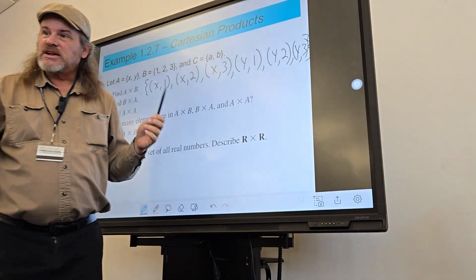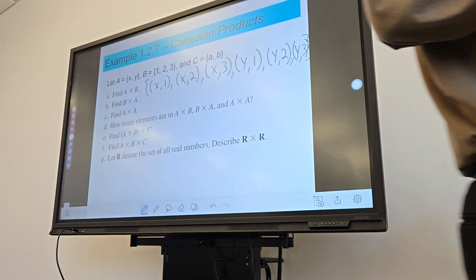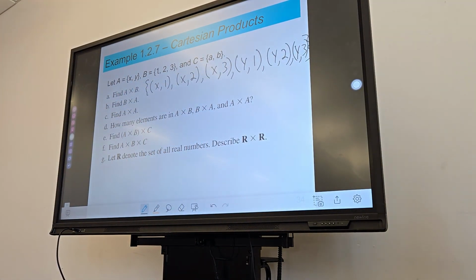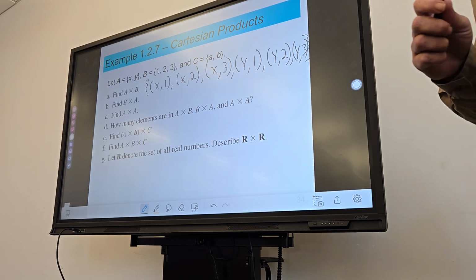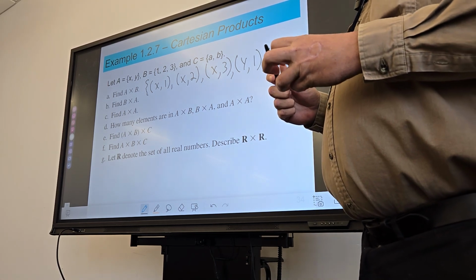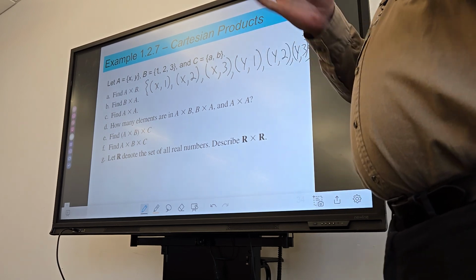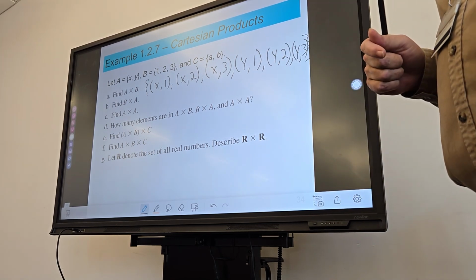And it's all in a set. So it's a set of ordered pairs, would be the answer. Yes, you pair up each combination of elements.